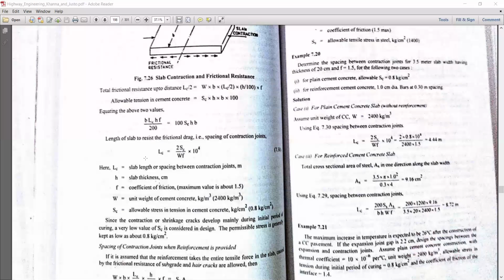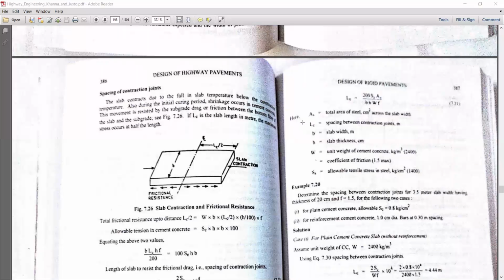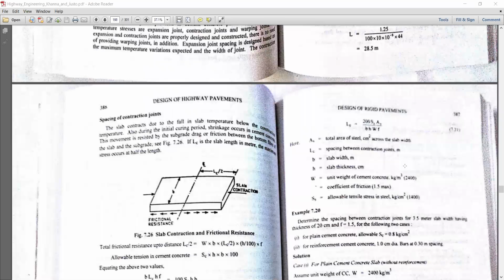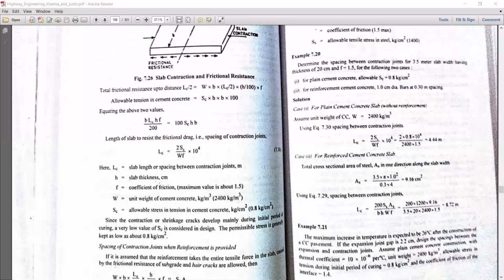Similarly, we will take one more problem to determine the spacing between contraction joints. Earlier we solved one problem with the expansion joint, and here contraction joints. Determine spacing between contraction joints for a 3.5 meter slab having thickness of 20 centimeter and coefficient of friction 1.5 for the following two cases.